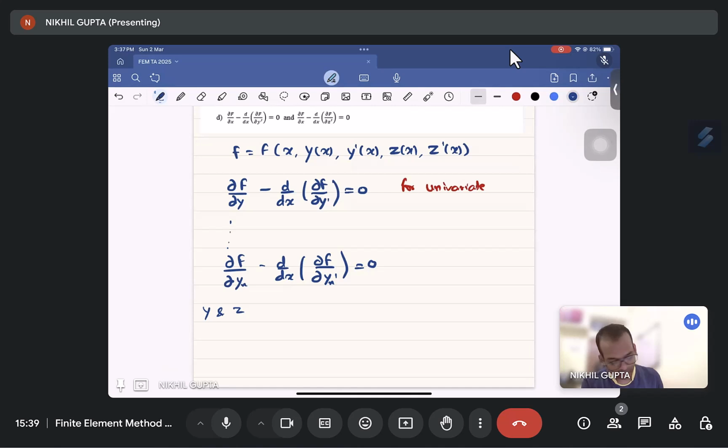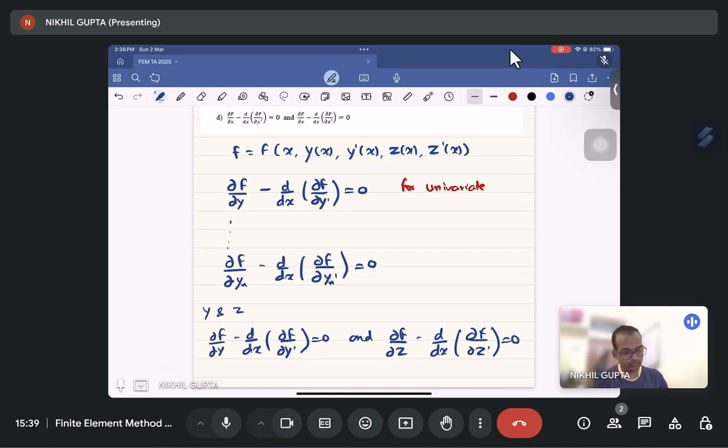two equations can be written: del f by del y minus d by dx of del f by del y dash equals 0, and del f by del z minus d by dx of del f by del z dash equals 0.